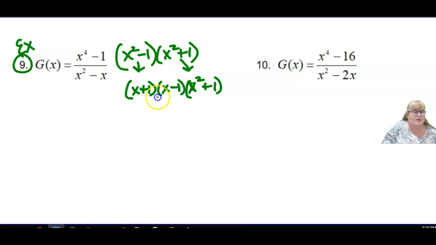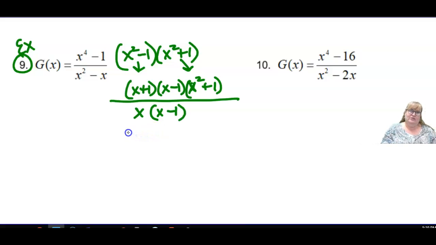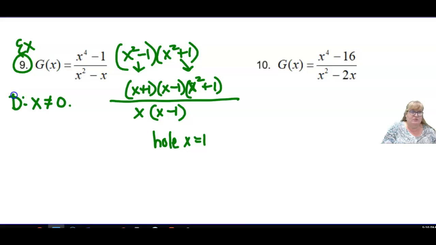The denominator, all we can do is take out an x, and then we have an x minus 1. All right, so we do have a hole. The hole is here when x equals 1. The domain restrictions would be x cannot be 0 or 1 because of this x out front.